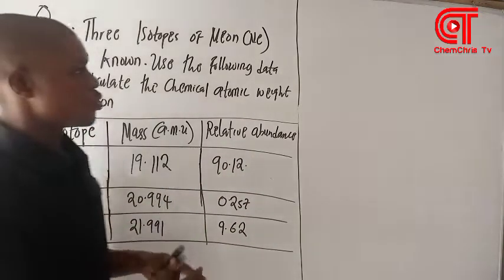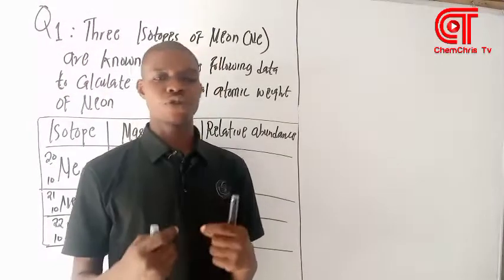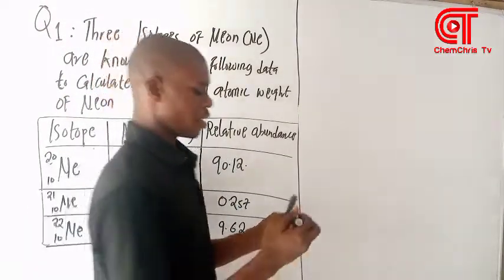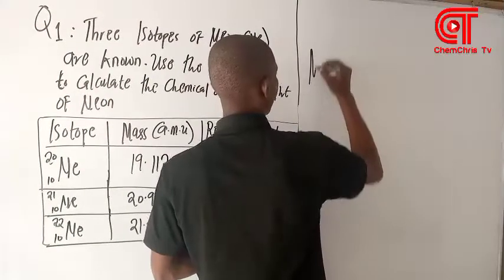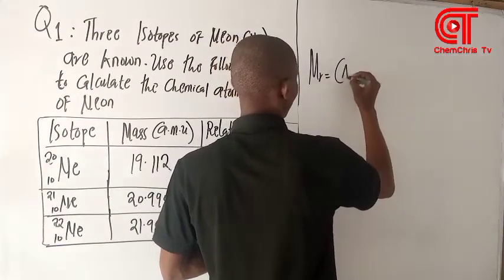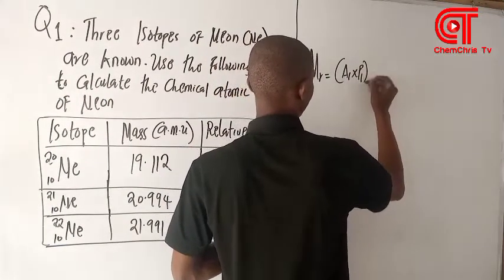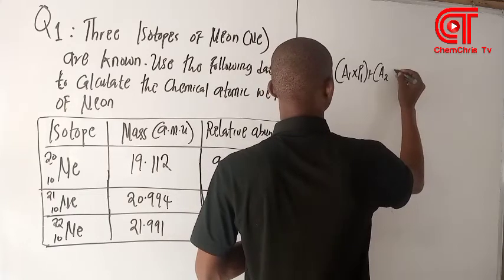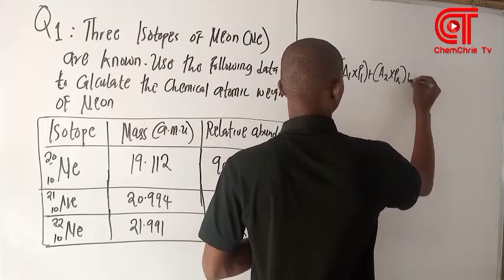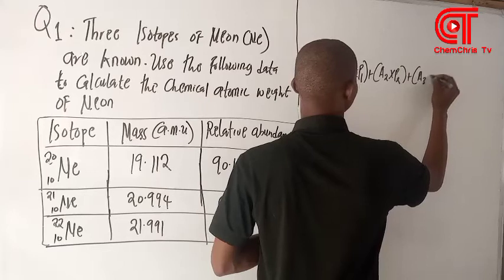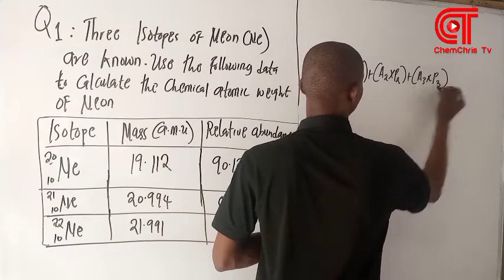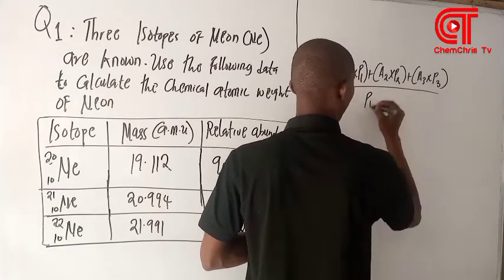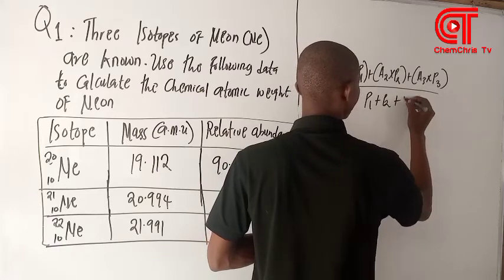Remember, you can use that small formula I gave you to do this calculation. Here we have MR equals A1 times P1 plus A2 times P2 plus A3 times P3 over P1 plus P2 plus P3.